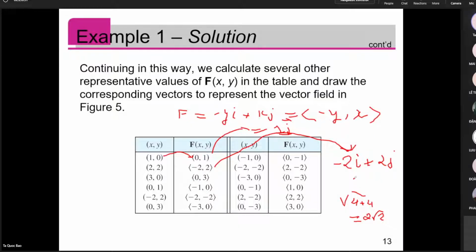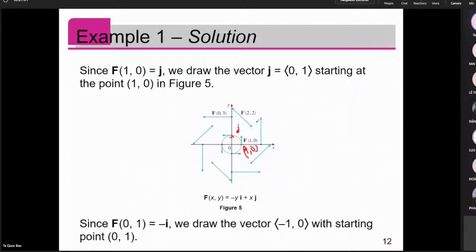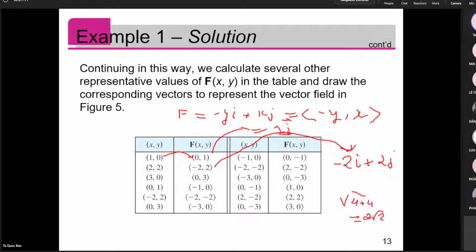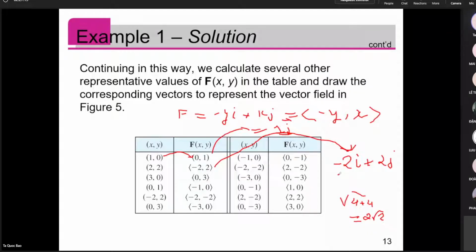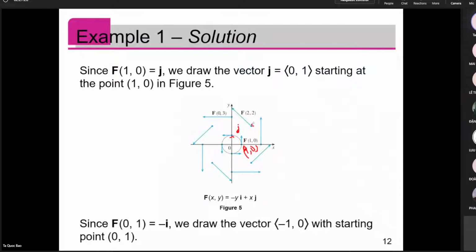That is the length. Now, how about the direction of F? At the point (2, 2), the length of F is 2 times square root 2, and the direction, this is minus 2i plus 2j, so the direction looks like this, with this length.